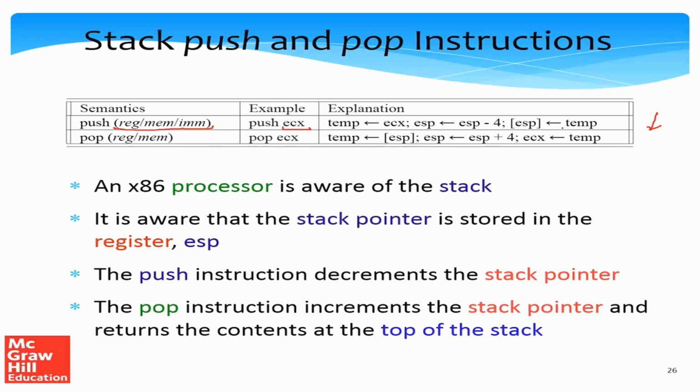These statements are in reverse. First we read the value under the stack pointer into a temporary variable. This is an equivalent programmatic explanation of what pop would do. Then we increment the stack pointer, and then what we had read from the stack, we assign to ECX.